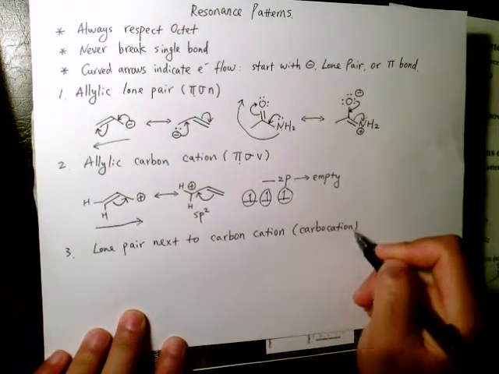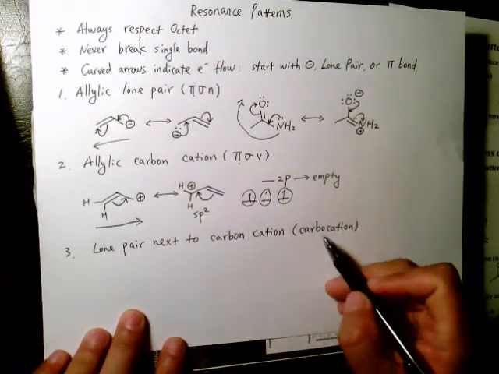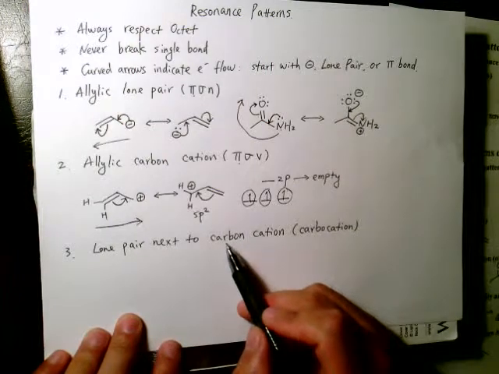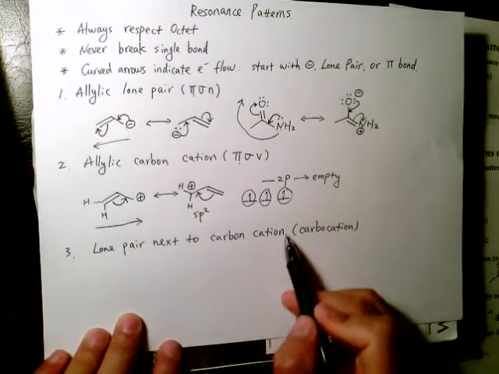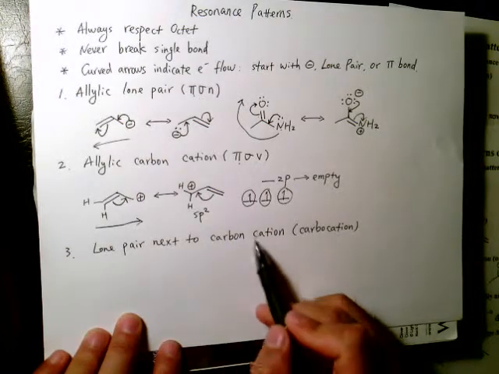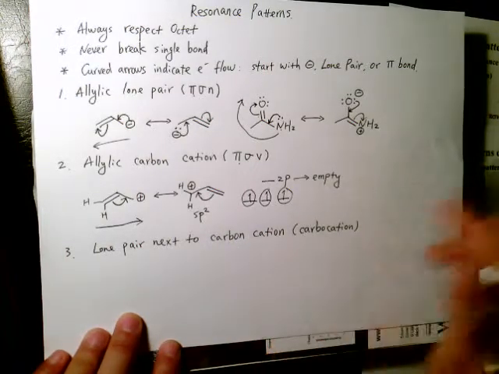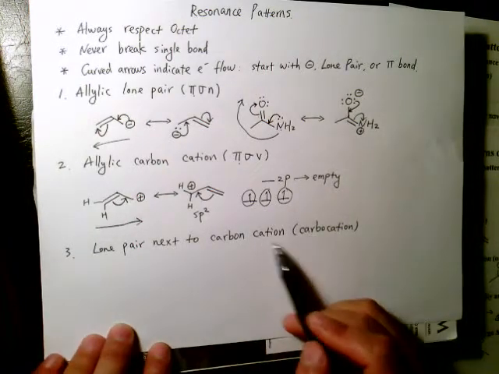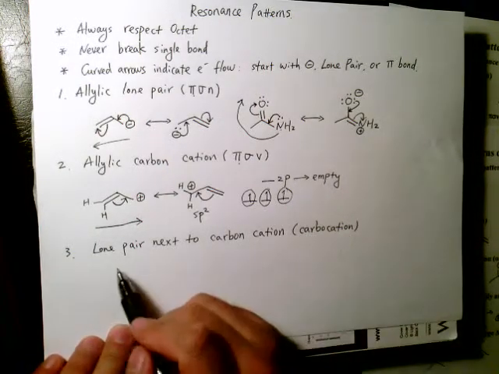So don't try to call this one carbocation incorrectly. It's carbocation. Sometimes I just say carbon cation to help remind me that it's on carbon and it has a positive charge. That is how I commonly use carbon cation instead, but it should be carbocation.